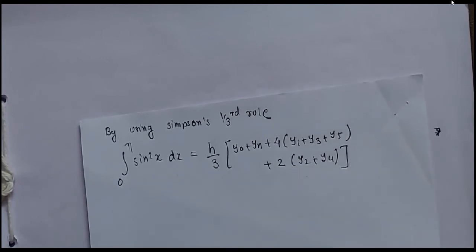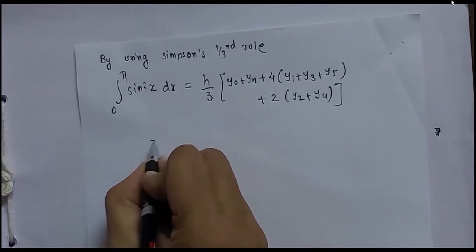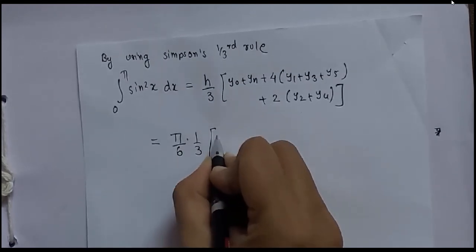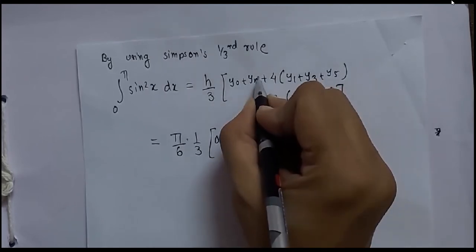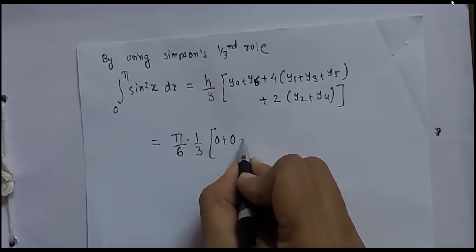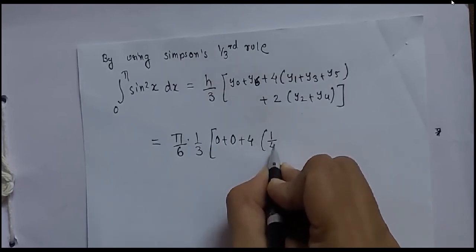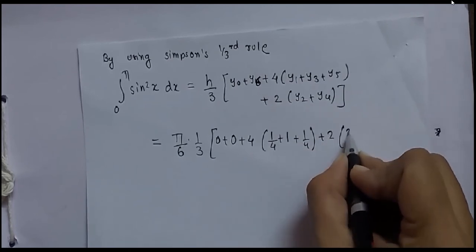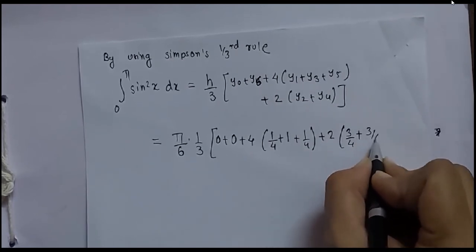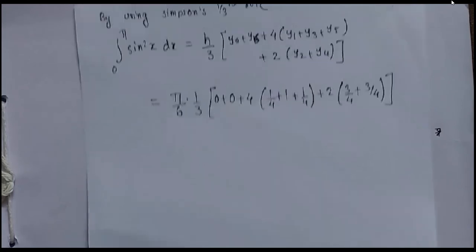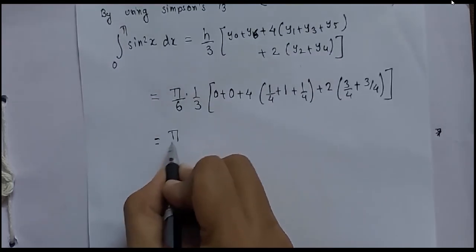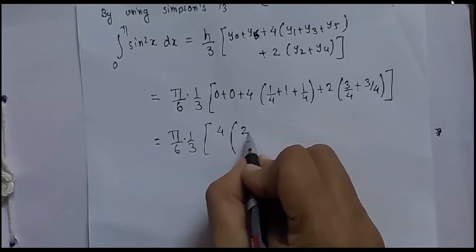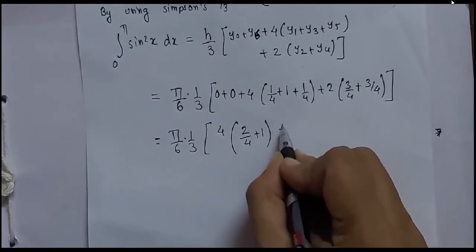Now we need to substitute these values, which is equal to pi by 6 we already found into 1 by 3, y0 is 0, y6 is 0, 0 plus 4 times (1 by 4 plus 1 plus 1 by 4) plus 2 times (3 by 4 plus 3 by 4).